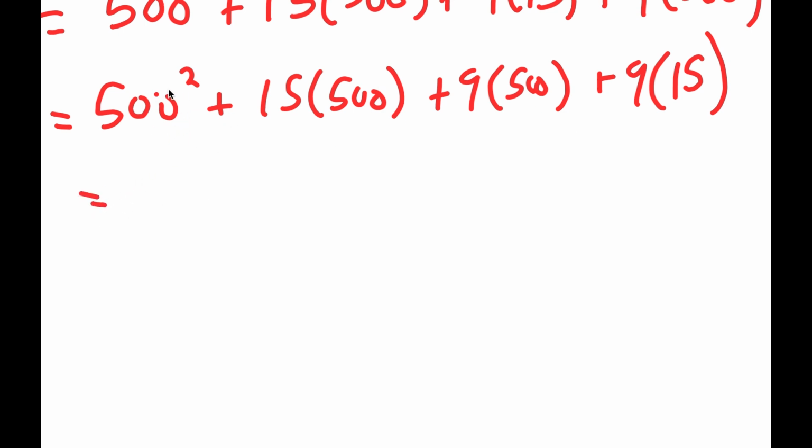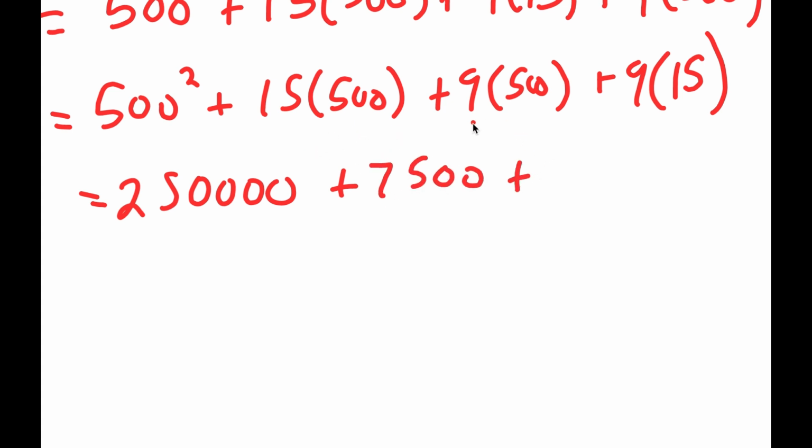Now, from here, 500 squared is the same thing as 250,000. 15 times 500 is the same thing as 7,500. 9 times 500 is the same thing as 4,500. And 9 times 15 is 135.